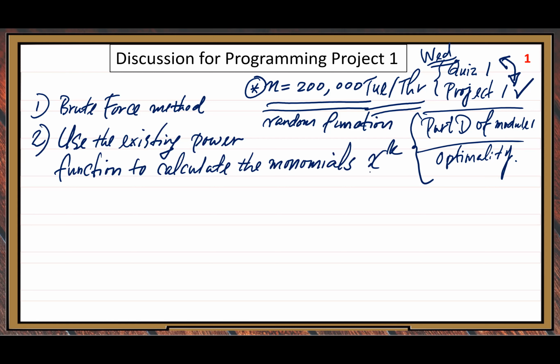X to the kth power. This is a monomial. When you calculate x to the kth power, you just apply the existing power function. I will talk about the existing power function a little bit later. Now, I use Java to talk about it. So that's method number 2. Method 3, Horner's rule. So that's what we learned in Module 1 Part B.